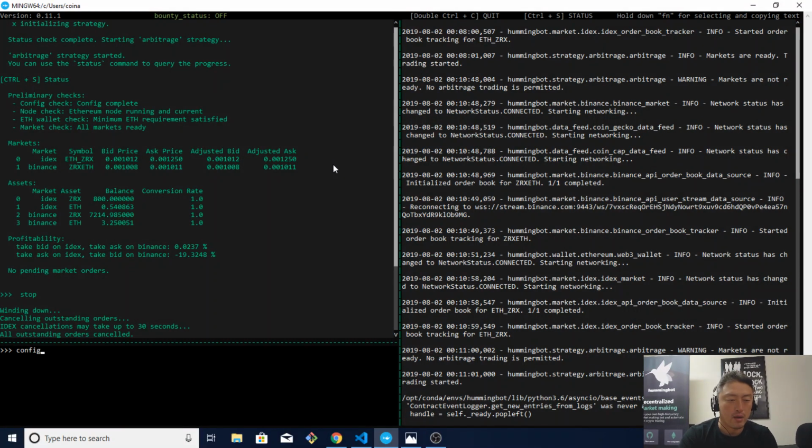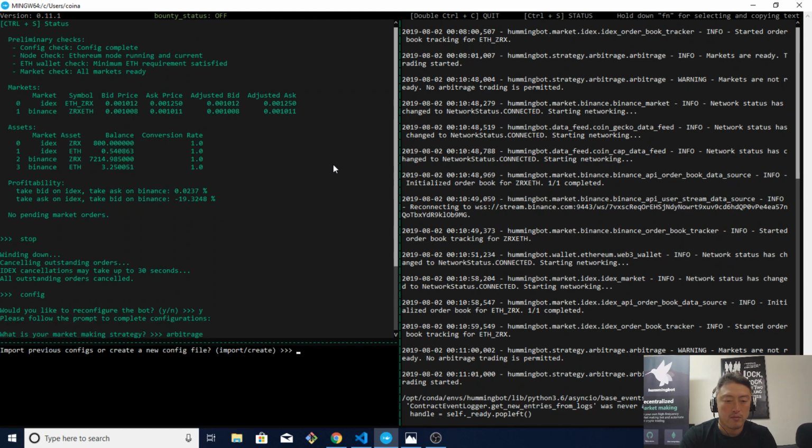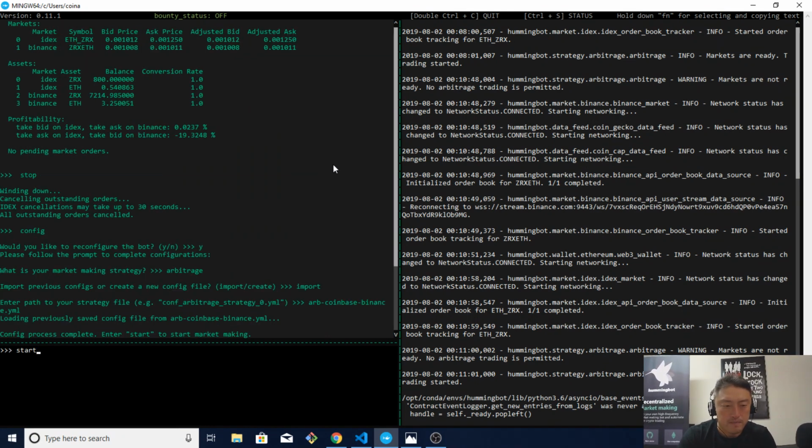So I'm going to reconfigure this bot, and I'm going to load the same arbitrage strategy, but a different configuration. So let's try the Coinbase Binance one.